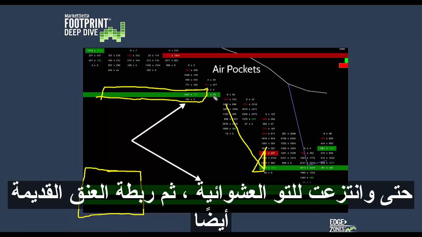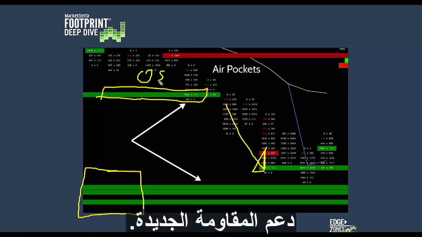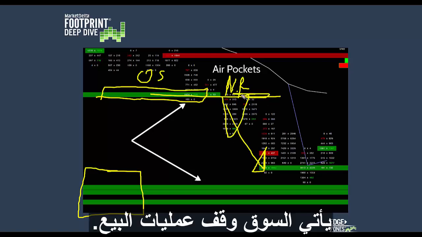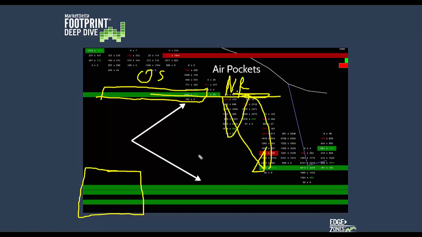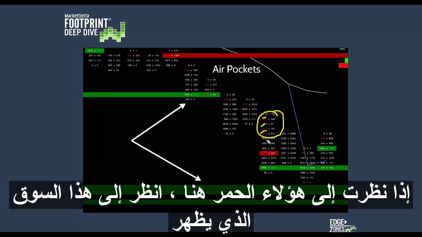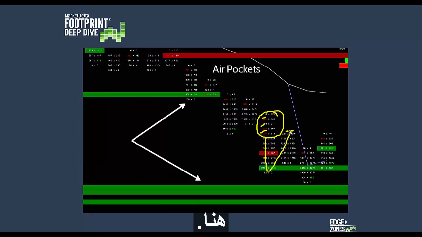Then you also tie in old support, new resistance. Market comes up, stops, sells off. Here's where it came. If you look at those reds in here, look at that. Market comes up in here, stops, rotates back down.